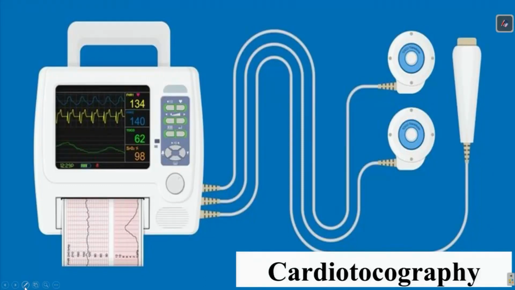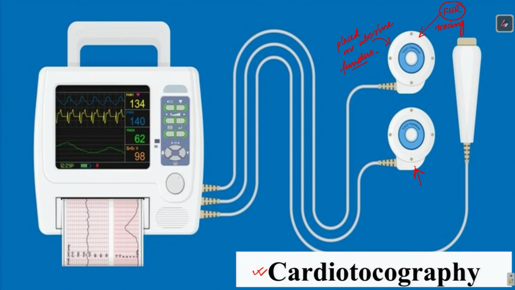This is the cardiotocographic machine, and here you can see the pictorial representation of it. It has two probes. One is for FHR, the fetal heart rate tracing, and is placed on the fundus of the pregnant uterus of the mother.